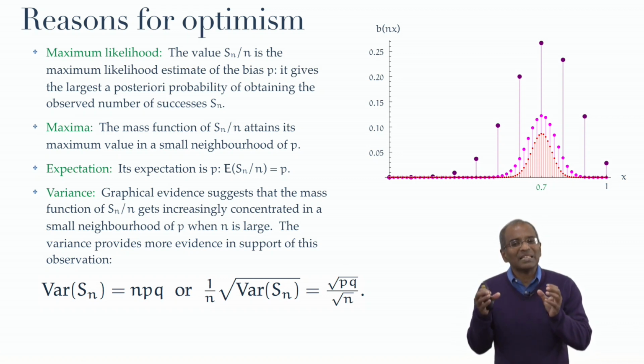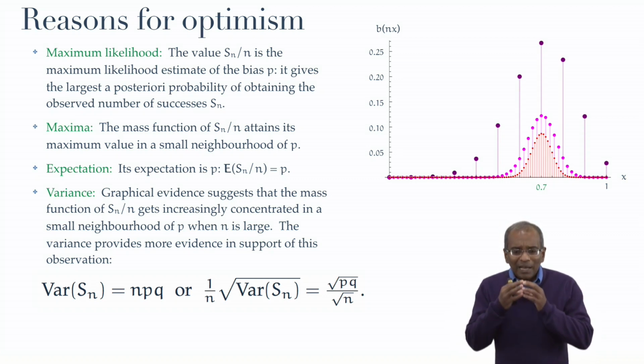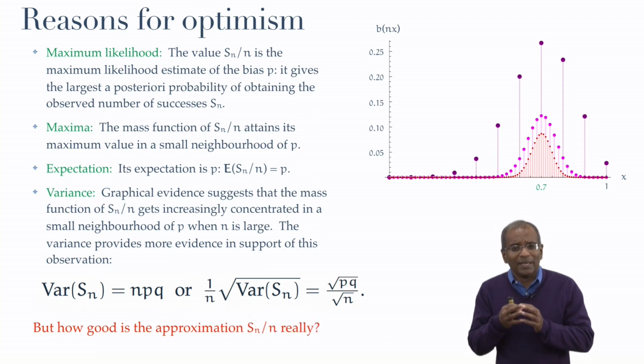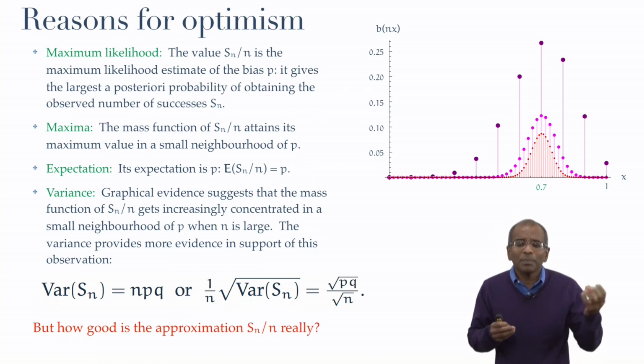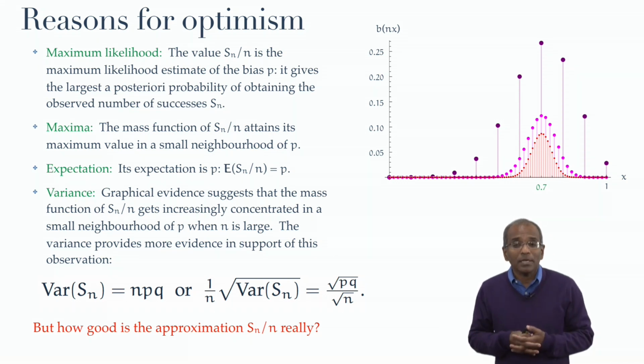But they are still lacking. And where they lack is in giving us any quantitative guarantees. How good, really, is the approximation Sn over n to p? What kinds of errors are we likely to make?